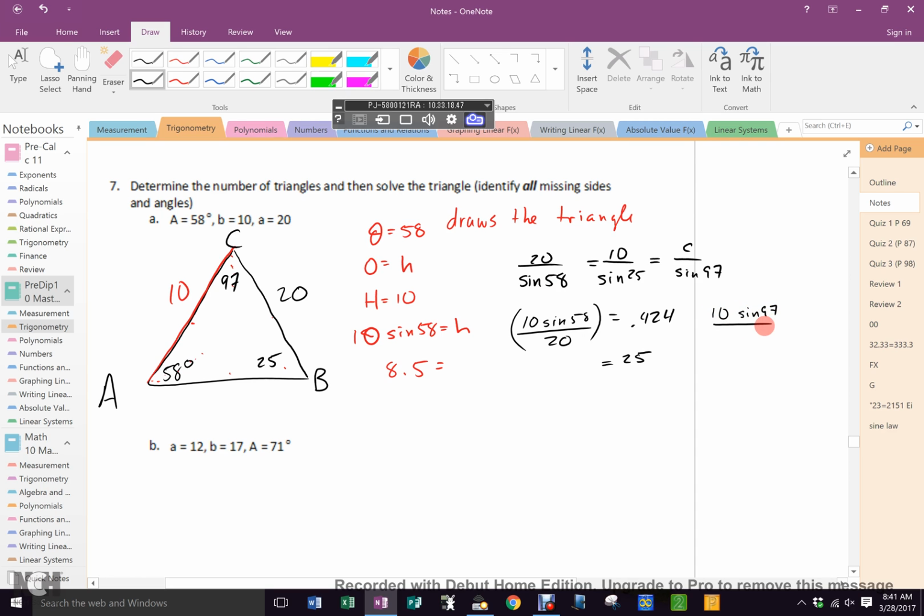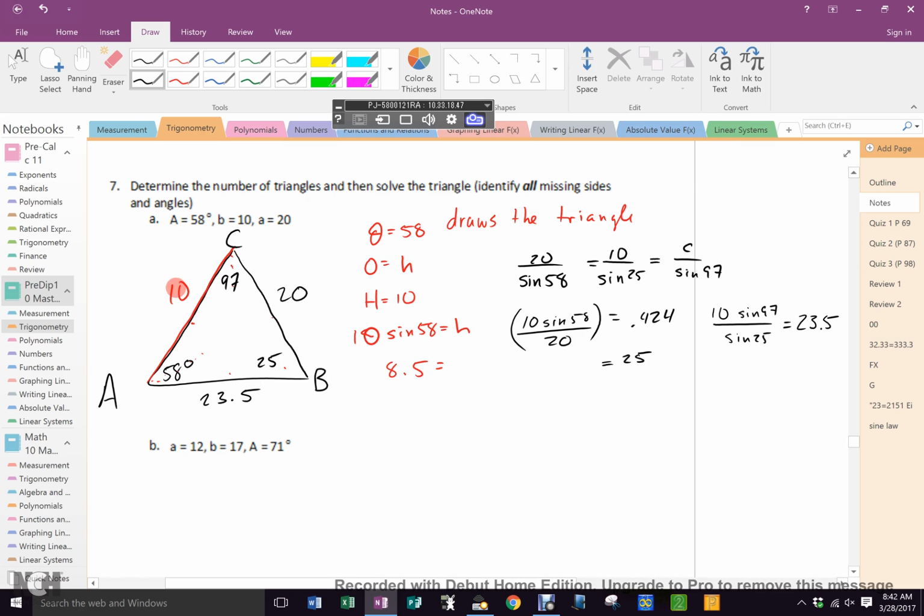10 sine 97 divided by sine 25 will get me C. And what do you get there? 23.5. Yeah? So now, does it work?